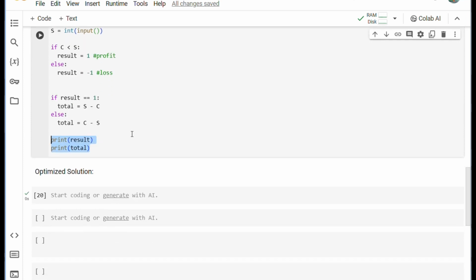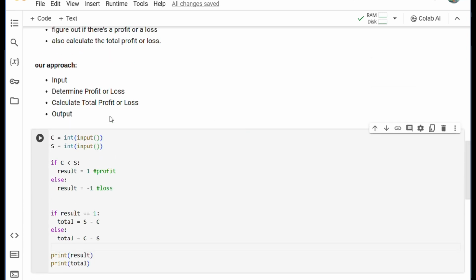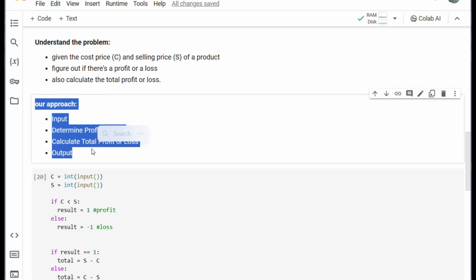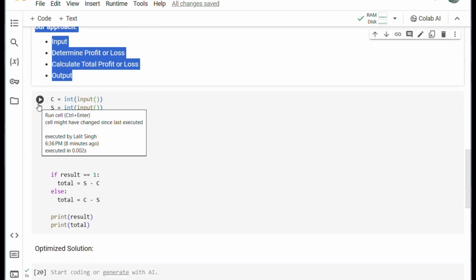So I hope you get an idea how this formula and everything is working, but if you didn't, you can go through my explanation of this approach. Okay, you will understand what I am doing.